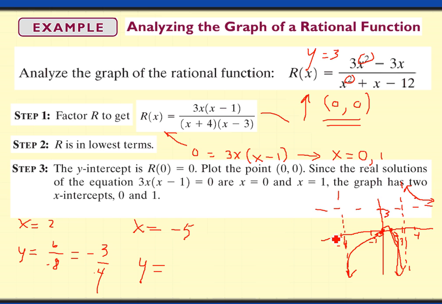And when I do, I'm going to calculate the y, and I'm going to get negative 15 times negative 6. Oh my goodness, that's a positive 90. And down below, I'm going to have a negative 1 times a negative 8, which is a positive 8. The deal is that's more than 10, and more than 11 in fact.